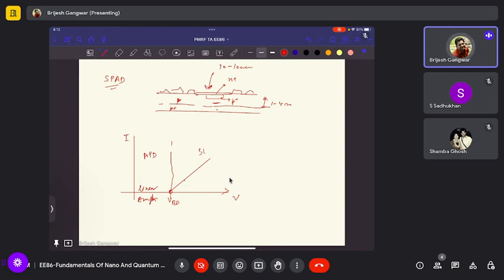In this region it is SPAD, and this is the on branch and this branch is the off branch. At this voltage, if a photon comes then it is on, and if no photon comes, it is in the off state. Understood a little bit? Yes, sir.